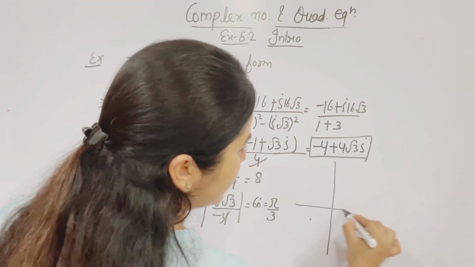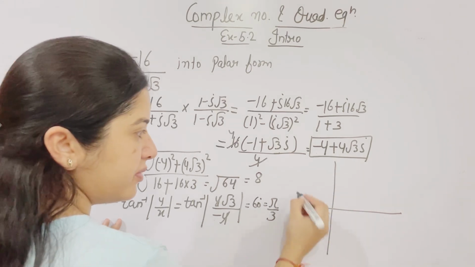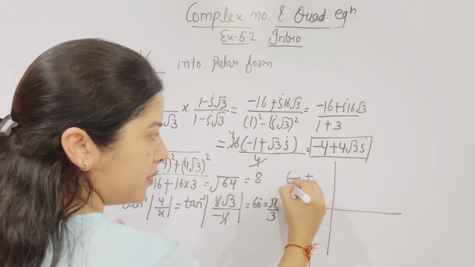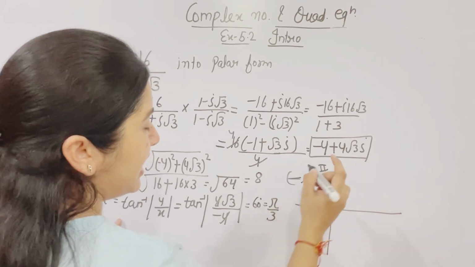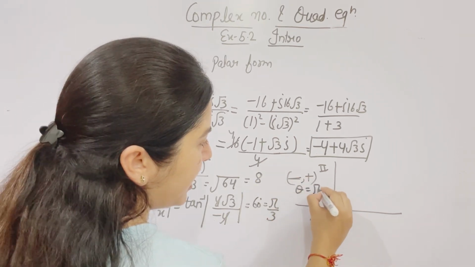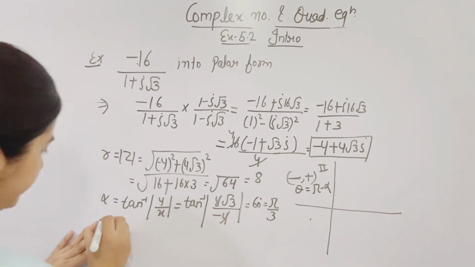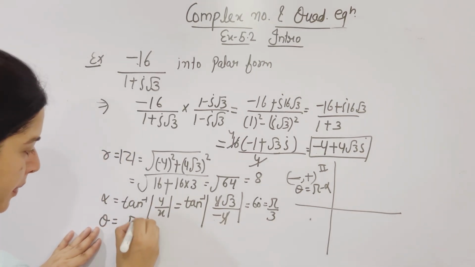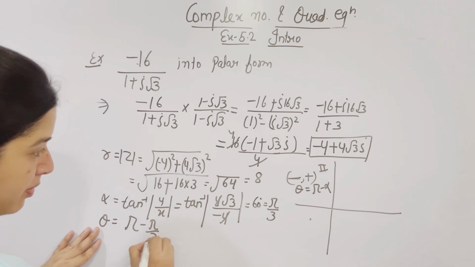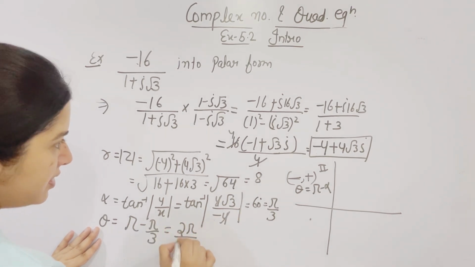In which quadrant it is? X minus, y positive, second quadrant, and we have done it. In second quadrant, theta is pi minus alpha. So theta will be pi minus pi by 3, because alpha is pi by 3, it will be 2 pi by 3.